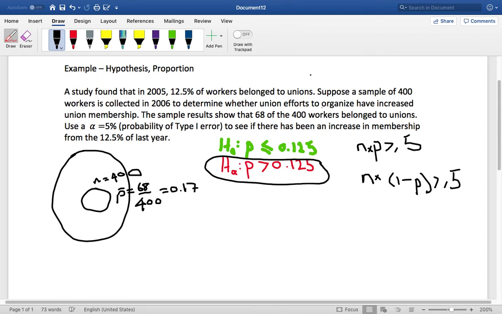Now what do we have? In our case, n is 40, and p is 0.125. So n times p is greater than or equal to 5.